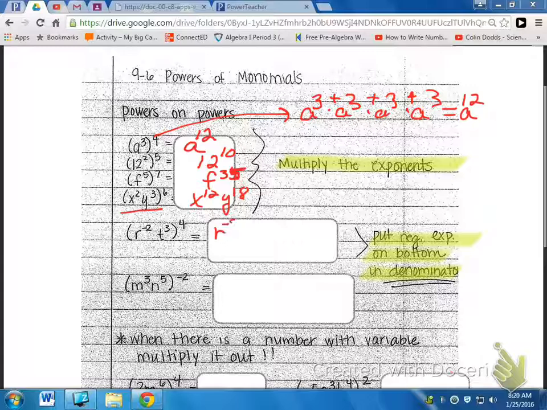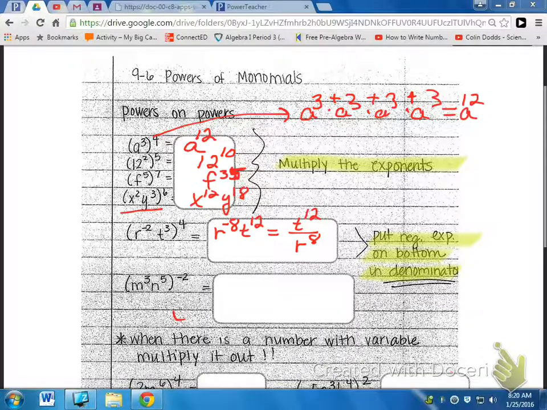R to the negative 8th, because negative 2 times 4 is negative 8, and t to the 12th. You cannot leave negative exponents in your answer. So therefore, it would be t to the 12th staying right where it is, and r to the 8th going to the denominator. Questions about that?